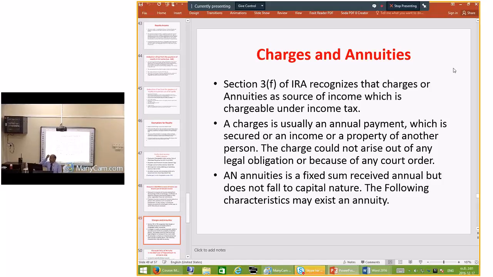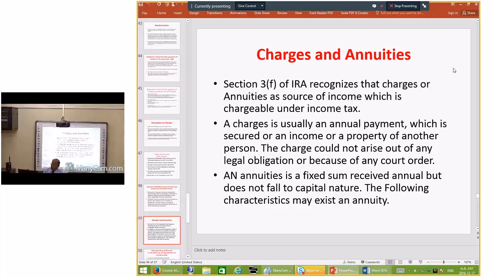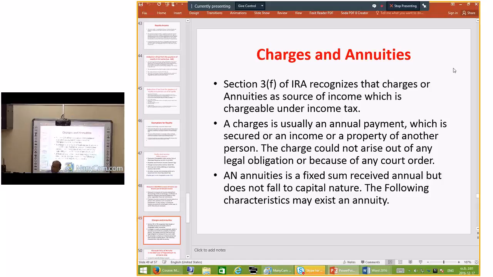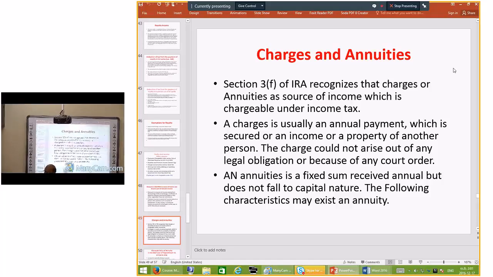See, regarding annuity in Sri Lanka, in the Inland Revenue Act, and also in practice we have experienced that a lot of people are receiving annuity. One is paying the annuity, and the recipient is the receipt of the annuity, right? Now here, as a source of income, we are learning the recipient's hand.